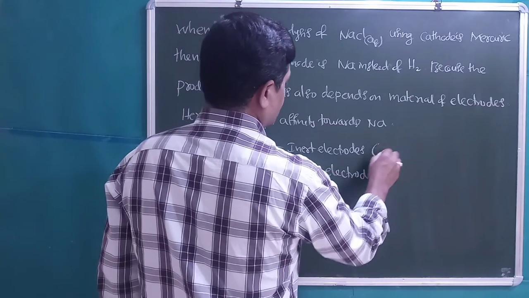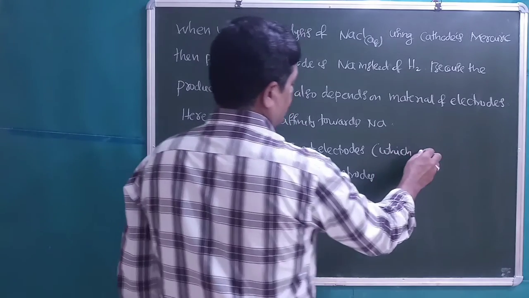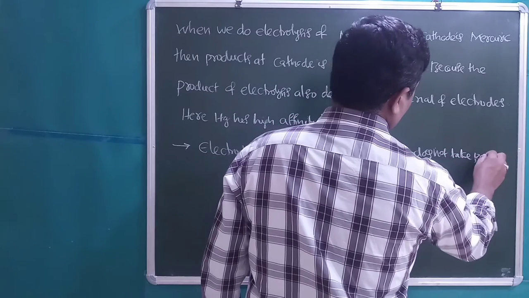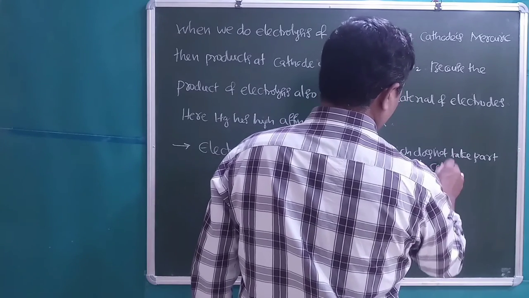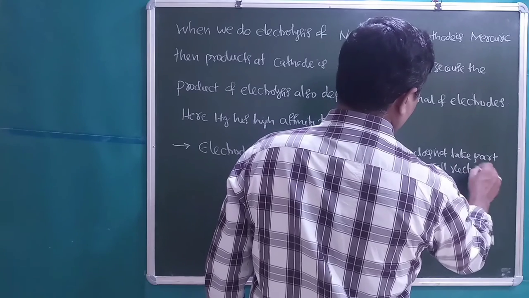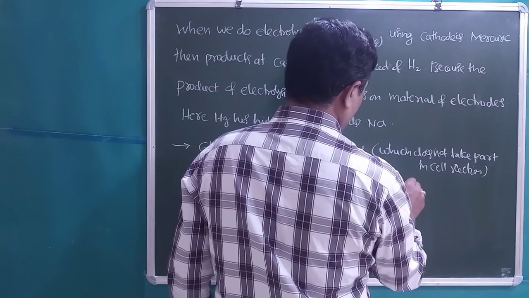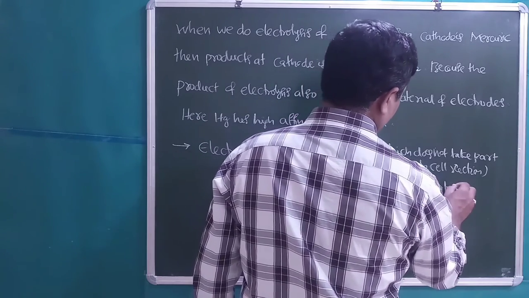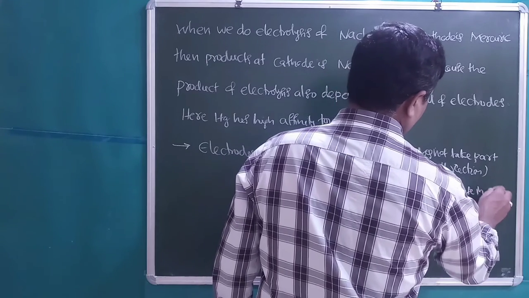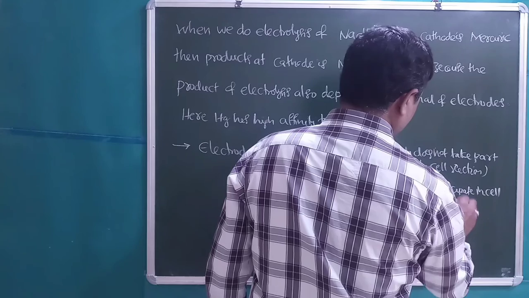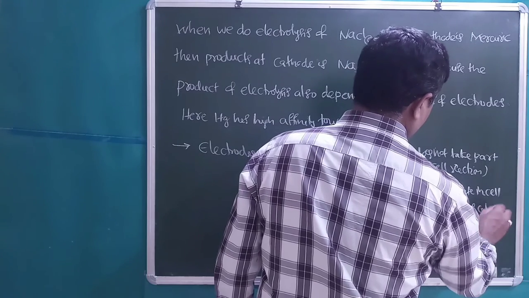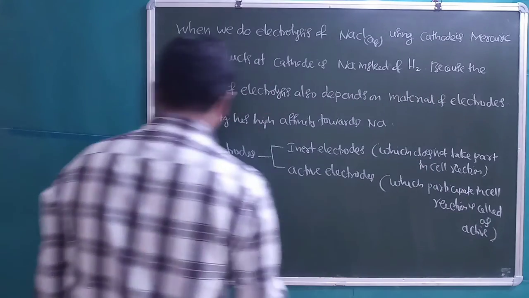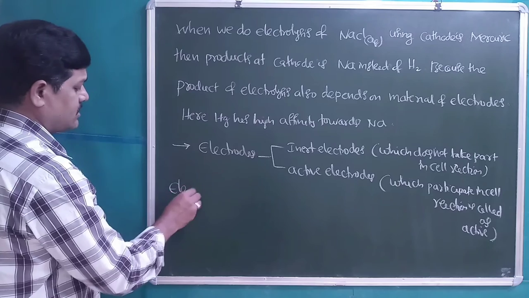Inert electrodes are those which do not take part in the cell reaction. Those which participate in the cell reaction are called active electrodes.